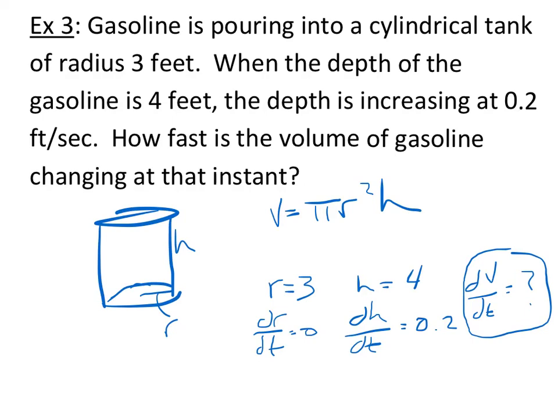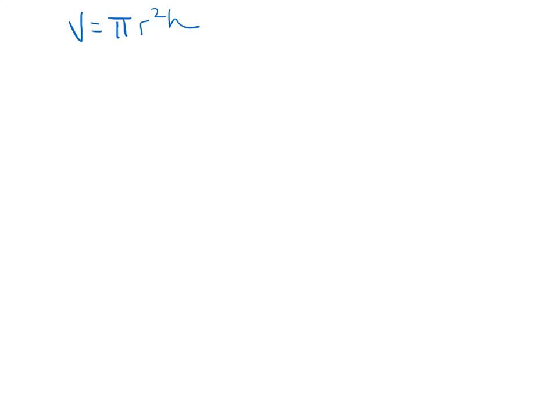So now let's go through and actually take the derivative and put this model in motion. As I go to take the derivative of this, I know that the derivative of v is dv/dt. But then I realize I'm going to need product rule because I'm multiplying two variables together, the r and the h. So I'll pull the pi outside and worry about it later.